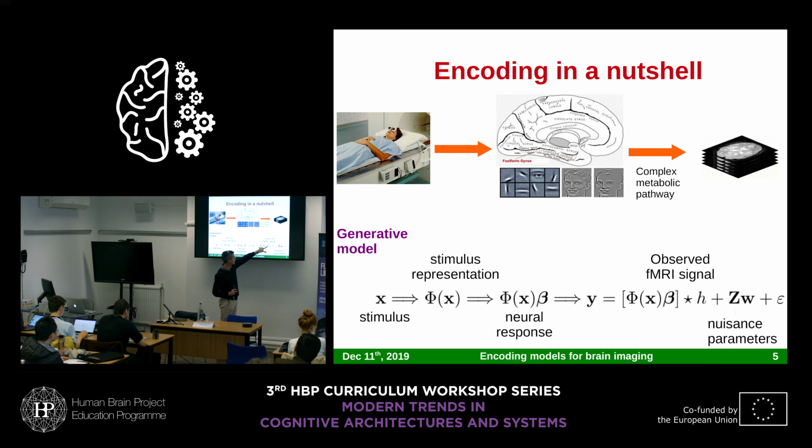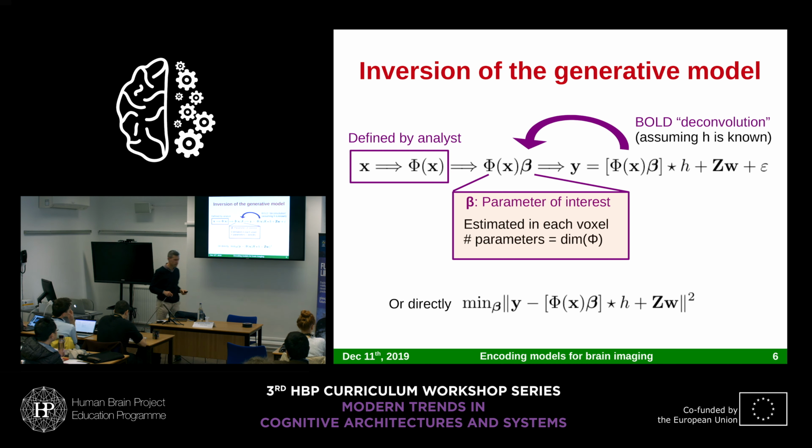You need to convolve their time occurrence with this hemodynamic filter. Then on top of it, you've got some nuisance parameters like respiratory effect, motion of the head, etc., plus some noise. And this is the first model of the BOLD signal that you observed. There's nothing new here. This is a very classical thing.